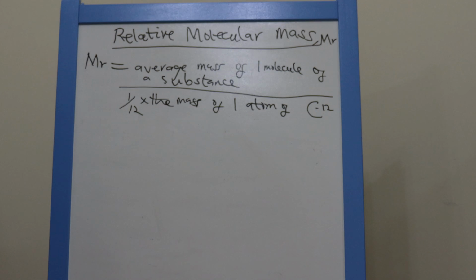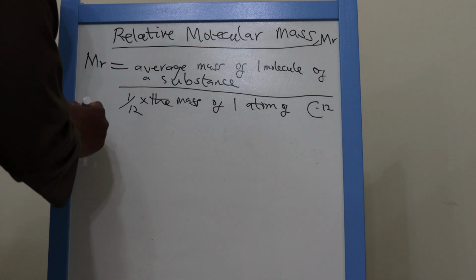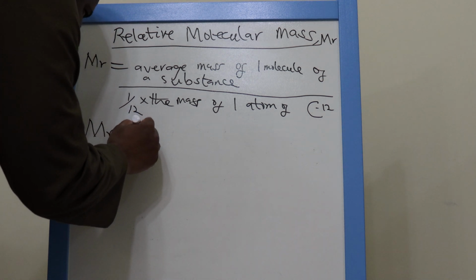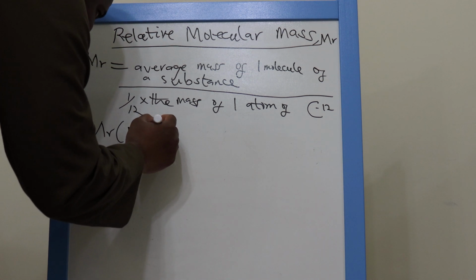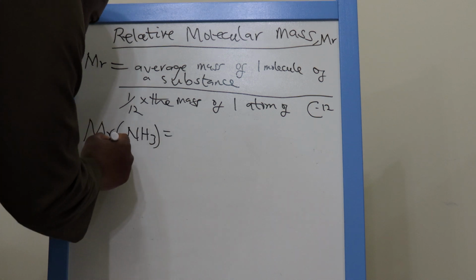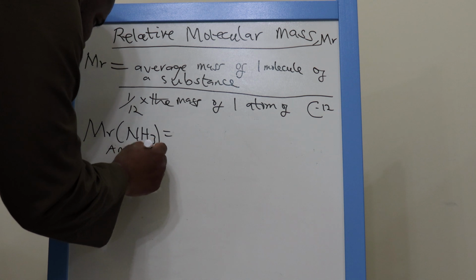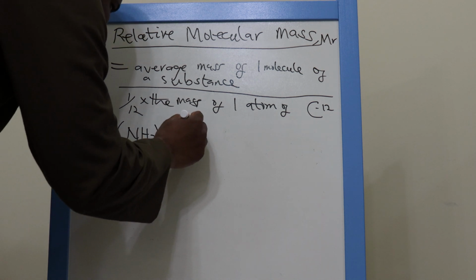Relative molecular mass. So when you say the relative molecular mass of NH3, NH3 is ammonia, and I know all chemistry students know ammonia is 17.